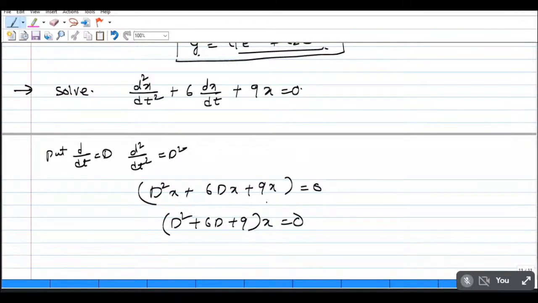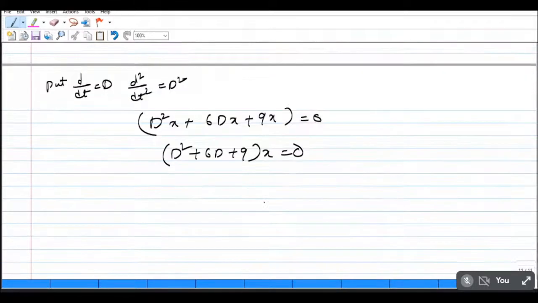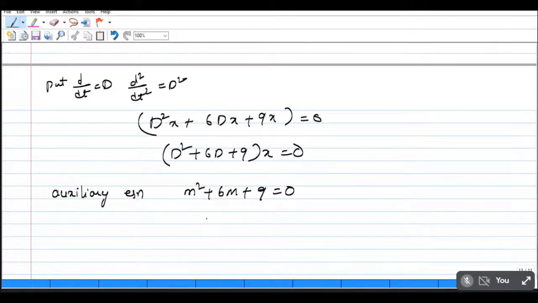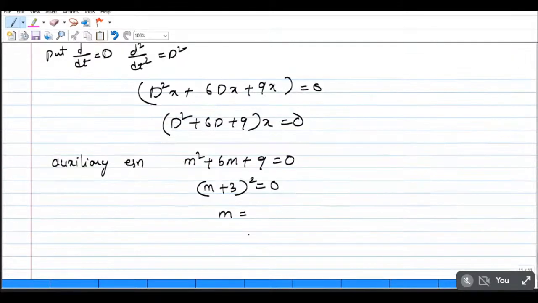What is the auxiliary equation? m square plus 6m plus 9 equal to 0. What are the roots of this equation? You can write (m plus 3) whole square. What are the values of m? m equal to minus 3, minus 3.